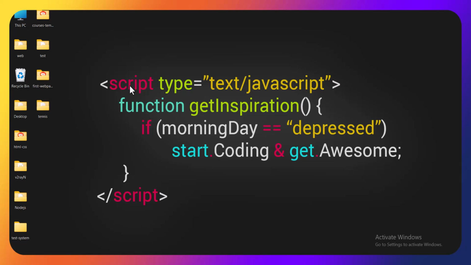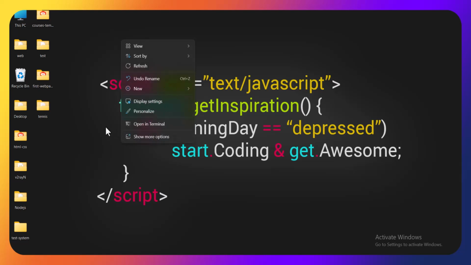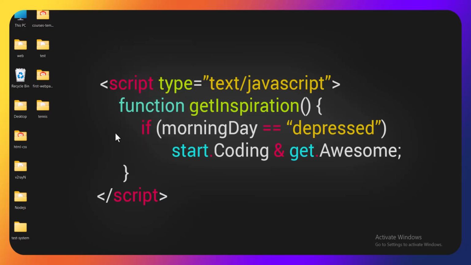So let's get started. The first thing that you need to know about HTML is that it is a language to build any website. HTML stands for Hypertext Markup Language, and it's the main and the basic language used in every website, which you can use to create elements on the web page.